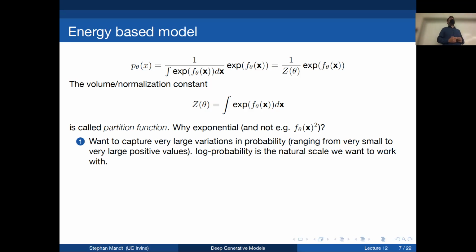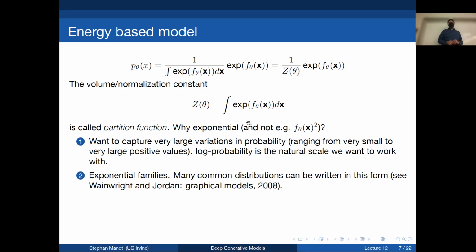Oftentimes probabilities are extremely small, 10 to the minus 4, 10 to the minus 10, and we want to be able to capture these large variations more easily. Therefore, it's easier to work on a logarithmic scale. So if we already know that the exponential of f varies on an exponential scale, then we should operate on a logarithmic scale, and therefore it's natural to parameterize these probabilities as the exponential of something.